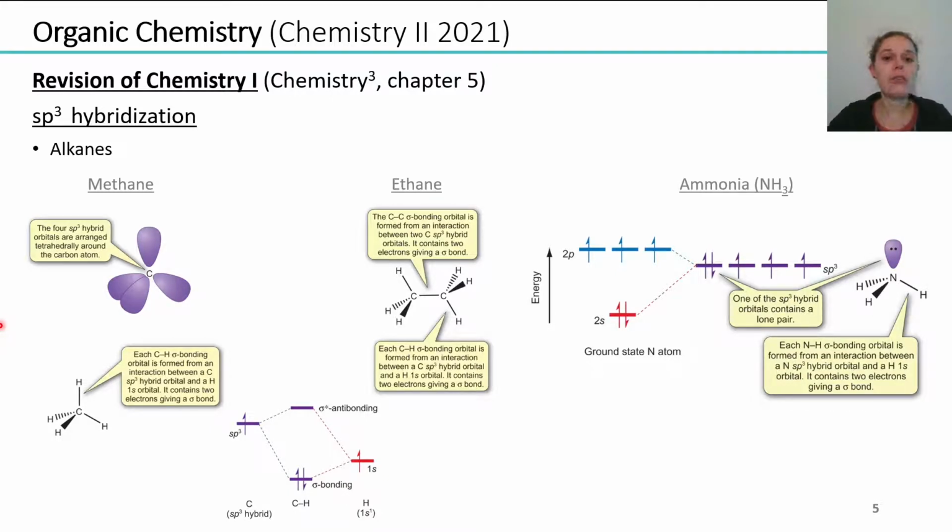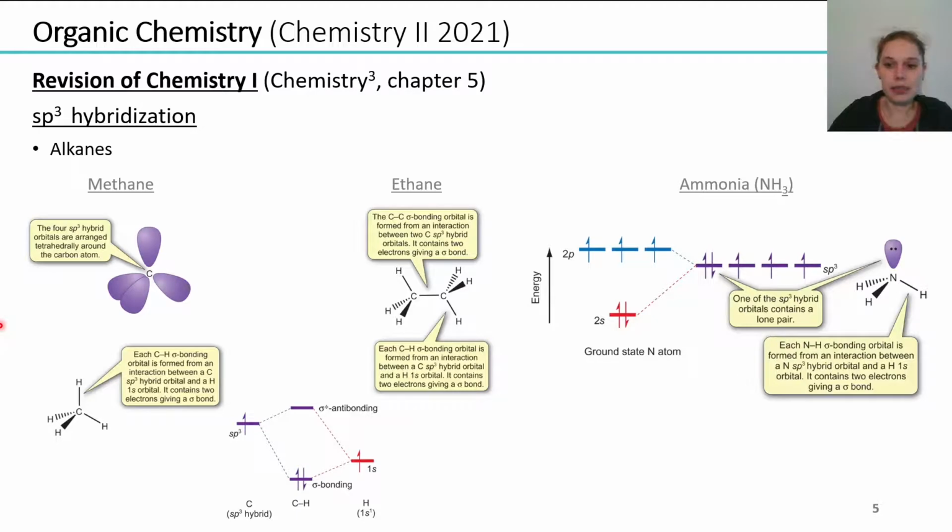Here you can see ammonia as an example for a non-organic molecule, and we also observe sp3 hybridization. The electronic configuration of nitrogen is 1s2, 2s2, 2p3. So in total, we have 5 electrons in the 4 sp3 hybrid orbitals.